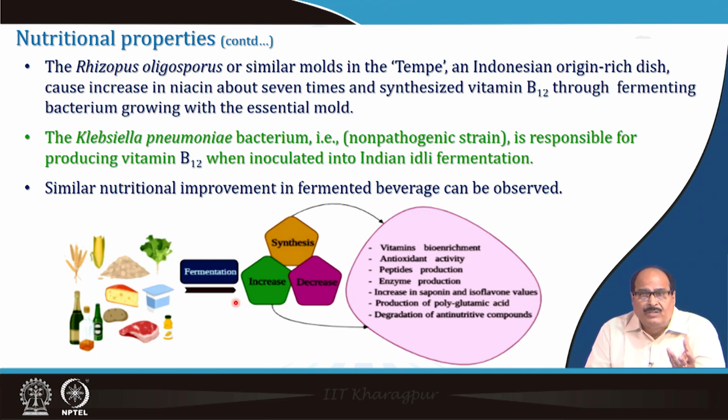So here this fermented food has a good amount of B12, which is normally not present in plant source foods. Similarly, Klebsiella pneumoniae, a non-pathogenic strain, is responsible for producing vitamin B12 when inoculated into Indian idli fermentation. So with the inoculation of this particular bacterium, we can produce idli, a plant food containing a significant amount of B12. Similar nutritional improvement will be possible in fermented beverages as well.